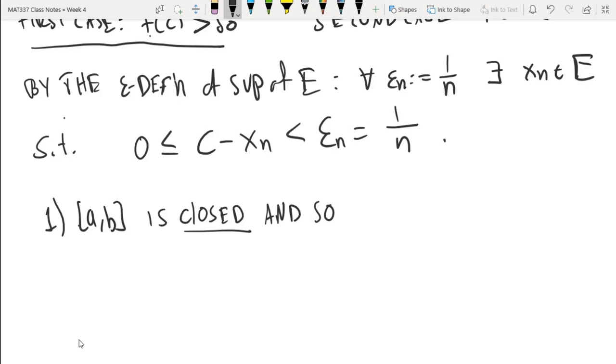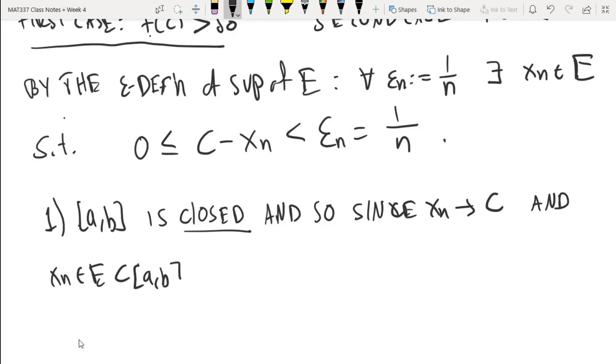And so, since x_n goes to c and x_n is in E, which is a subset of [a, b], we get the non-surprising statement that c is also in [a, b], because a priori it's not obvious that c is in [a, b]. So here we use that [a, b] is closed.